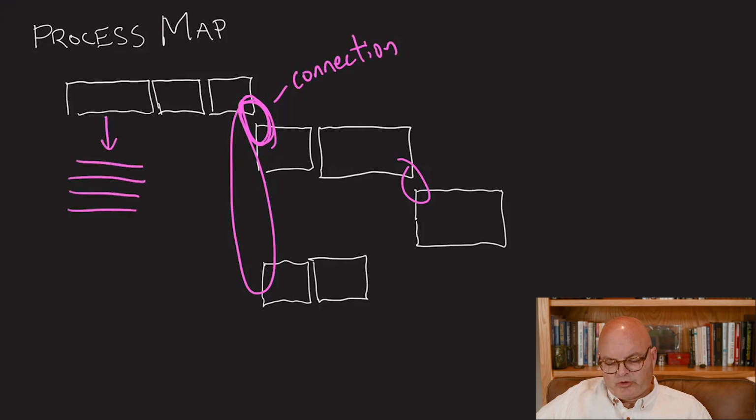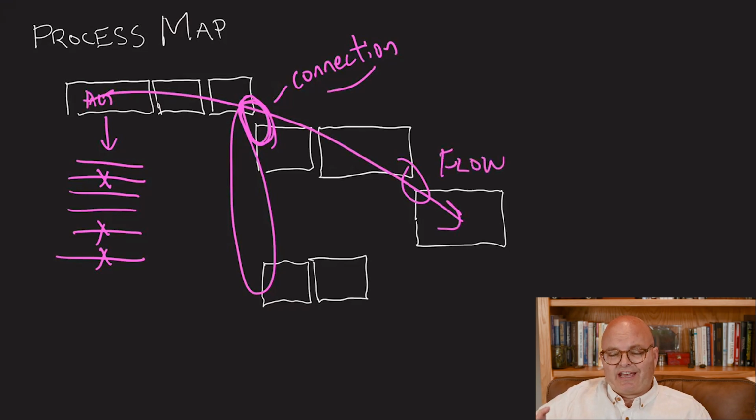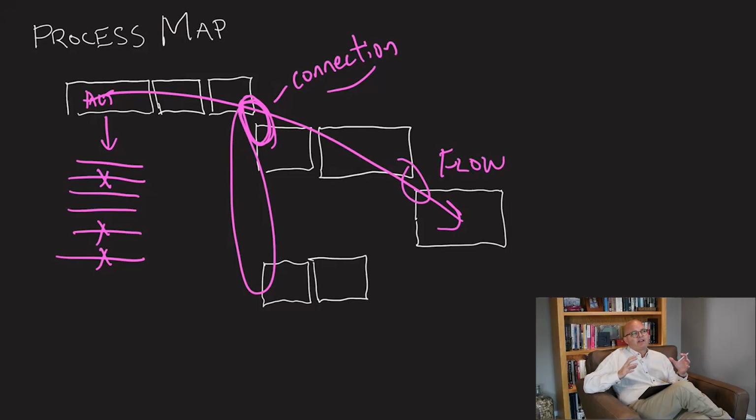Well, it's because we have a whole lot of steps in here, and maybe some of those steps aren't needed. We can start to simplify it and then structure that activity. So when you do process mapping, it's not just about putting Post-its on a wall, it's about understanding what you're mapping and where the opportunities to improve are. The activities, the connections, and the flows start to be a common lens and language to have good understanding and conversations about how to improve.